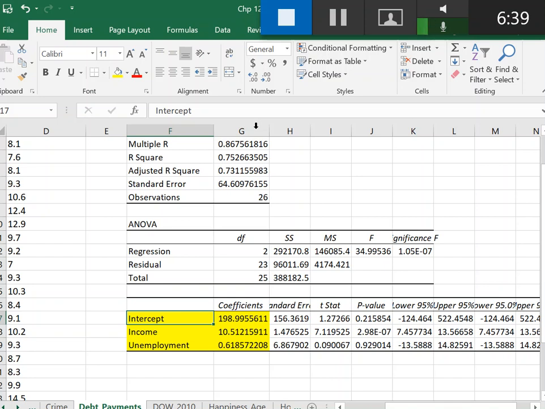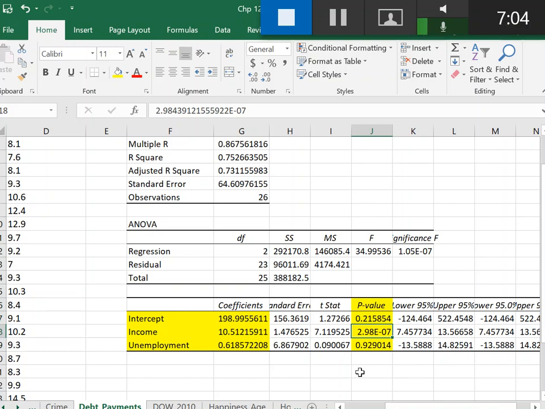And you would be right, and we're going to talk about this more in the fourth video, but I just want to go ahead and point out now, notice this column of p-values right here. We can see the p-value for the income is 2.98 times 10 to the negative 7. That's a really small number. We could definitely reject the null hypothesis at the 5% significance level.